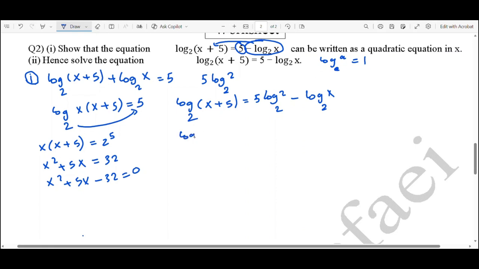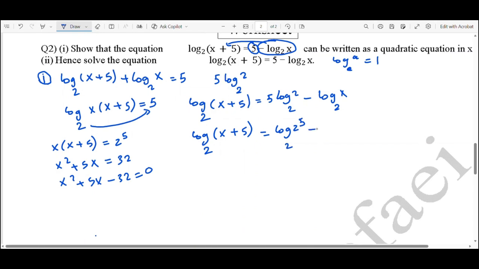Log x plus 5 to the base 2 equals log 2 to the power 5 to the base 2 minus log x to the base 2. Combine: log x plus 5 to the base 2 equals log 32 over x to the base 2.